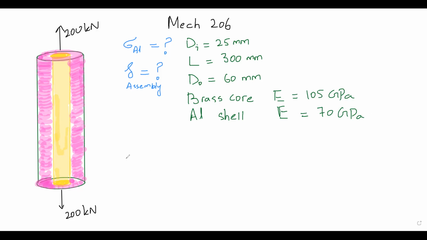So in order to tackle this problem, you have to understand that this problem is, if we use the right wording, statically indeterminate. You have to utilize concepts of strength of materials if you want to crack this problem.